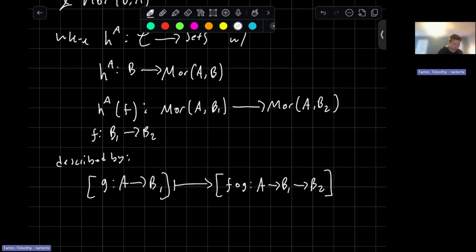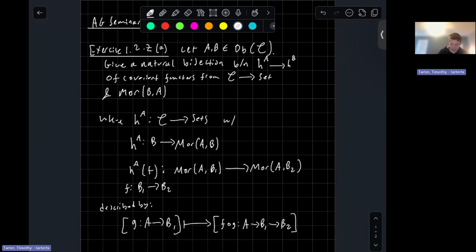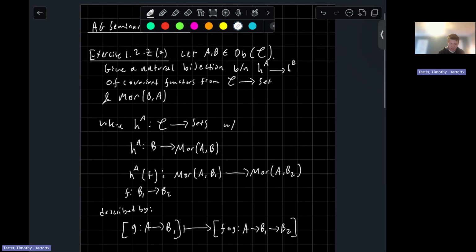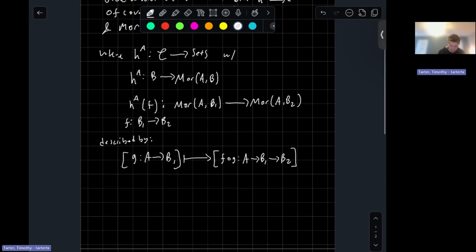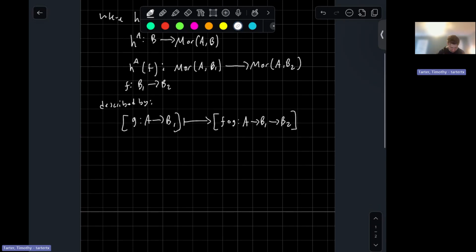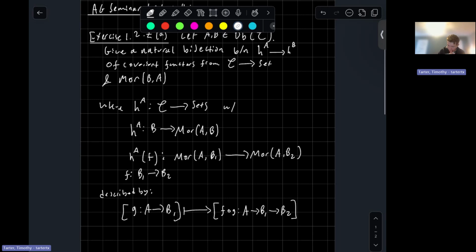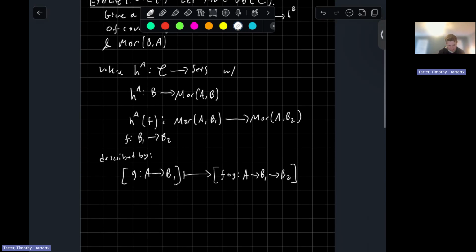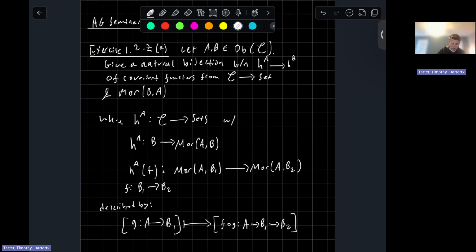So then basically we want to show that there's a natural bijection between these things of covariant functors. I mean, this just kind of is by construction, right?